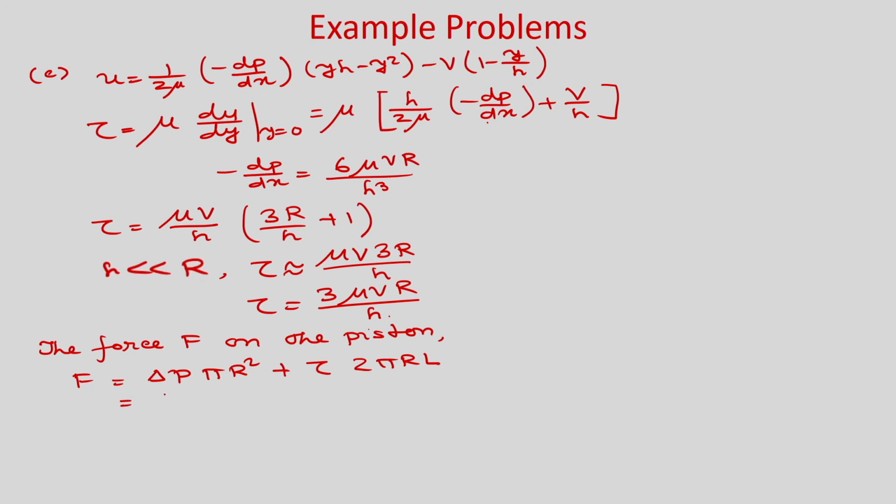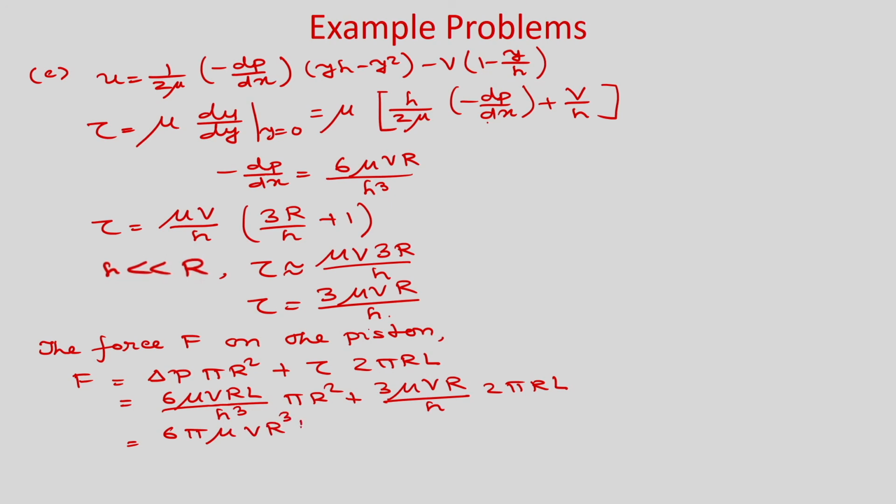So, you can now write: delta p, which we have found as 6 mu V r L divided by h cube, into pi r square, plus tau, which we have found as 3 mu V r by h, into twice pi r L. So, from here you will get 6 pi mu V r cube L divided by h cube into 1 plus h by r.